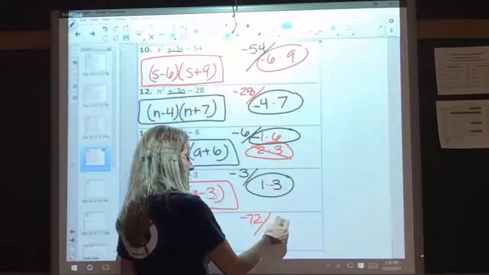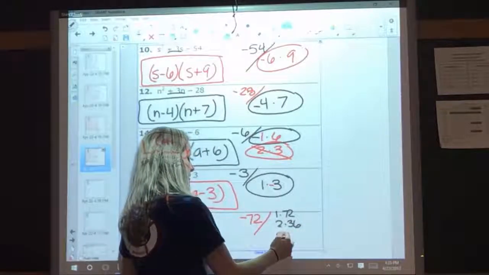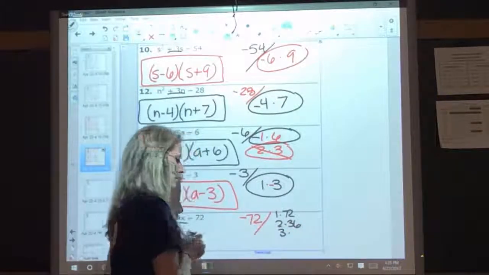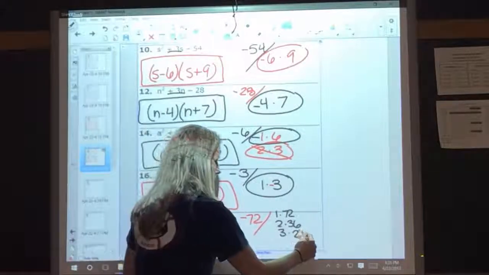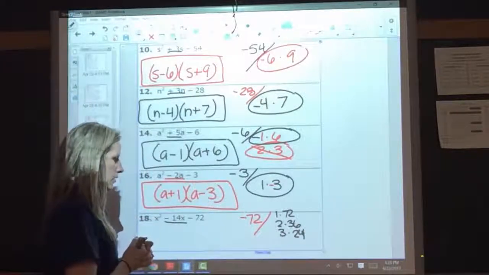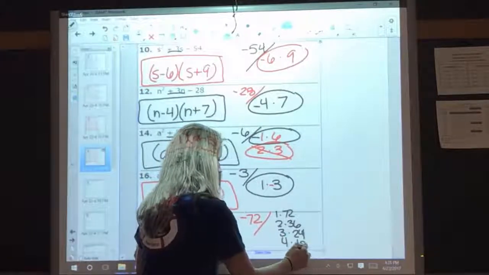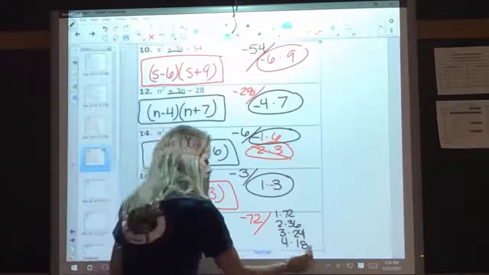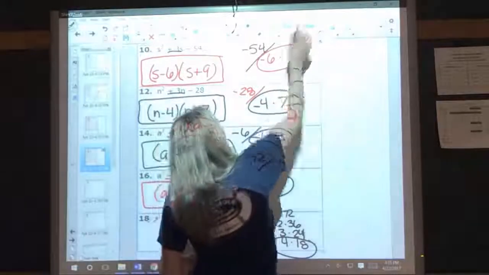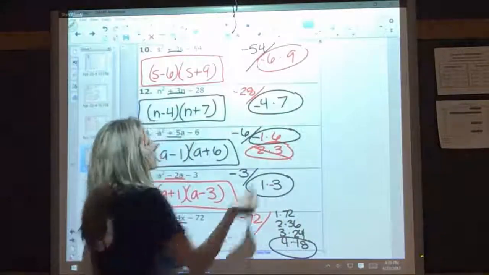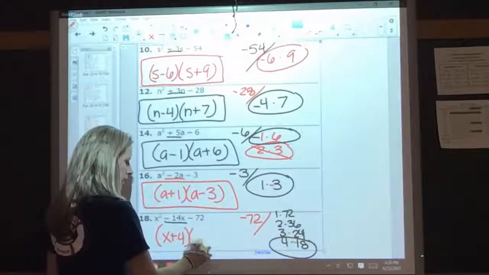Let's see, you have 1 and 72, 2 and 36, 3 and 24, 4 and 18. Yeah, it should be 4 and 18. So to get a negative 14, our bigger number has to be negative. So our factors are going to be x plus 4 and x minus 18.